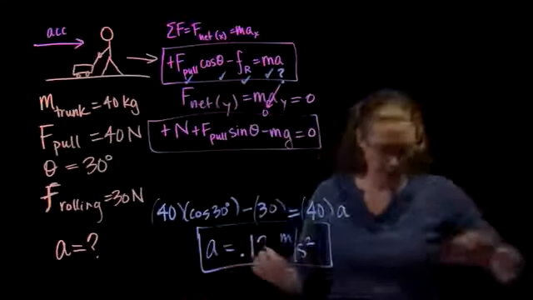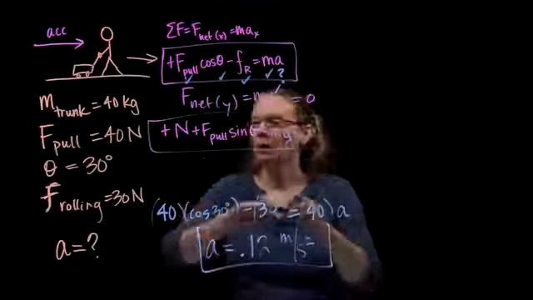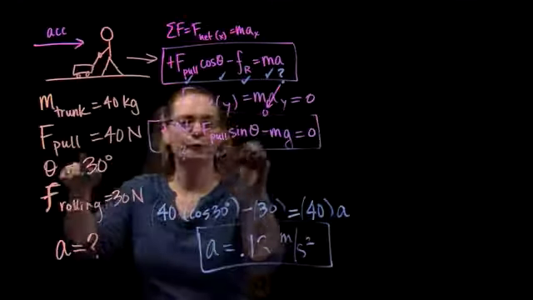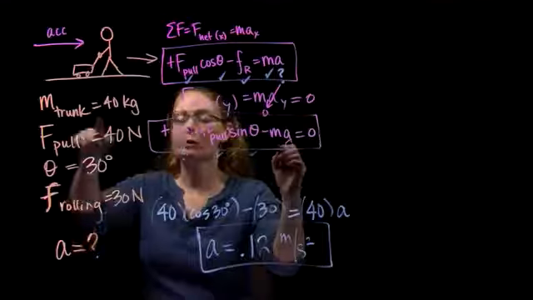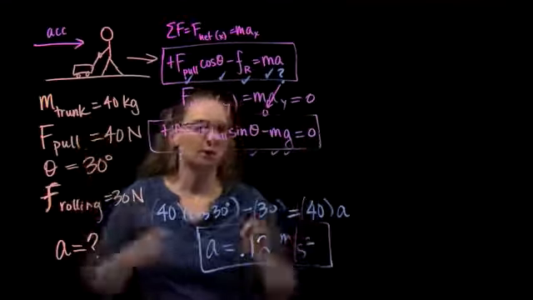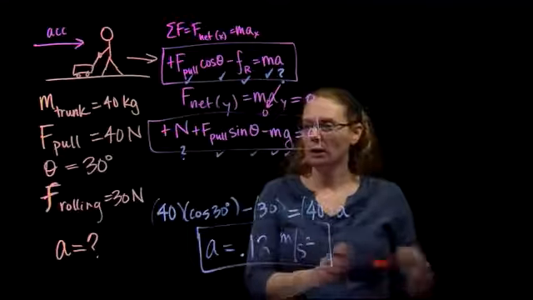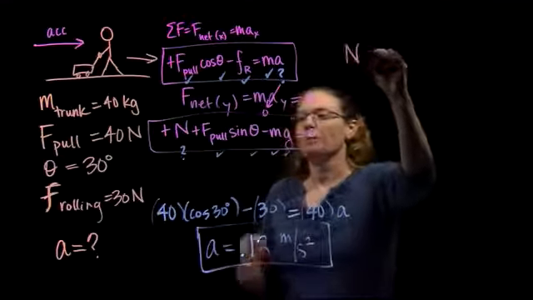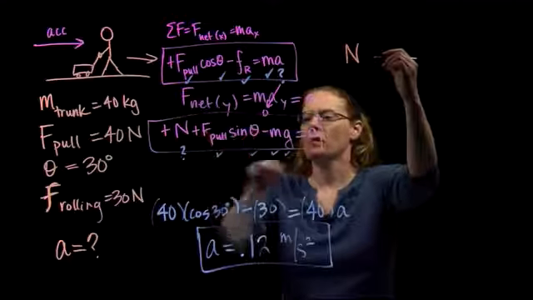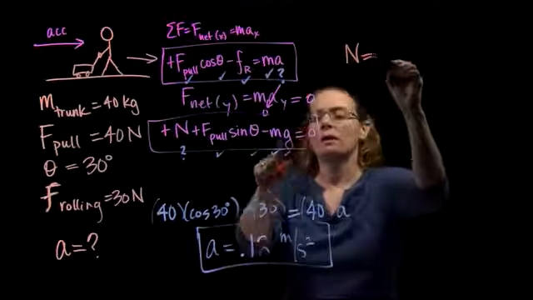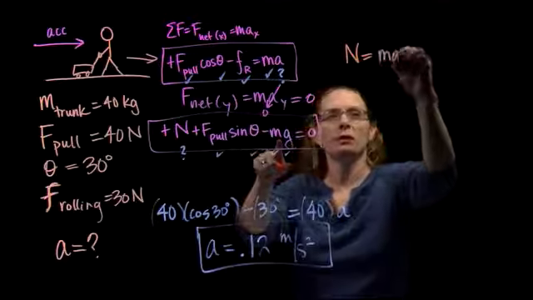Do we know everything but N? Let's take a look. So we're looking for the normal force. We know the pull. We know the angle. We know the mass. And we know the value of the acceleration due to gravity. Easy peasy. So in this case, we can do the normal force. I'm going to bring this term over to the other side. Bring this term over to the other side. So that negative mg becomes a positive mg.